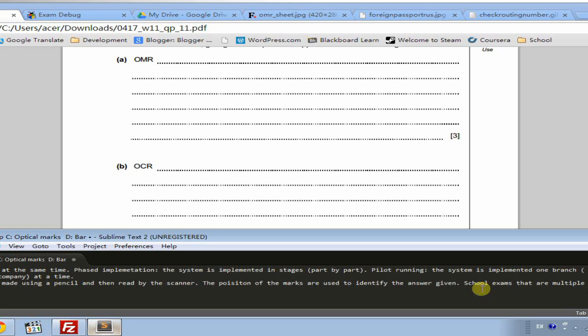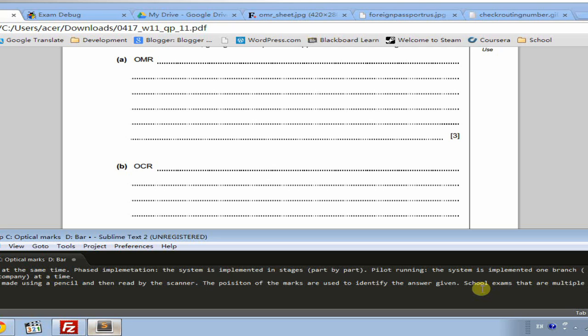I'm trying to think of other, really I can't think of other regular places that it's used. Depending on where you live, in the UK, for example, it's used for things like the National Lottery, but I really can't think of any ones apart from exams that it comes up very often. But if there is one in your own country, then you can go for it, as long as you're clear.